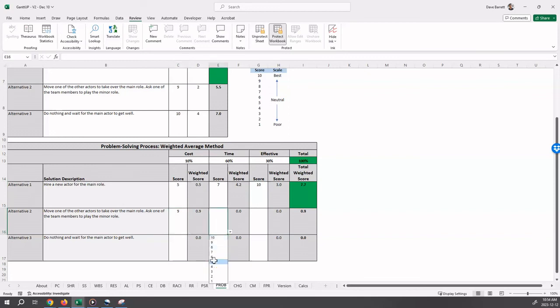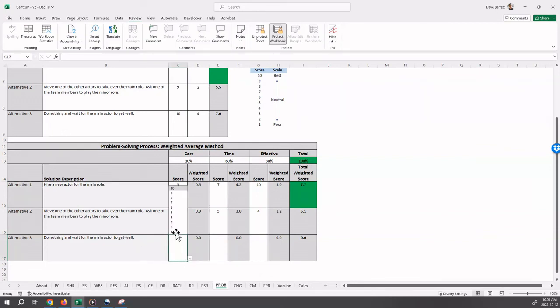Timeliness, it isn't quite as good because we might have to do some additional training of the team member and so on. So we're a little worried about time on there relative to number one. And the effectiveness we're saying is a 4, not quite as good. So it's got a lower score. Let's see how the do nothing is here.